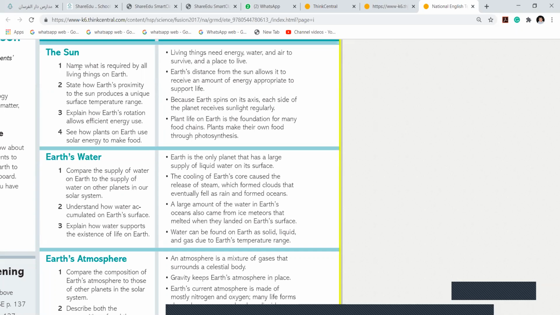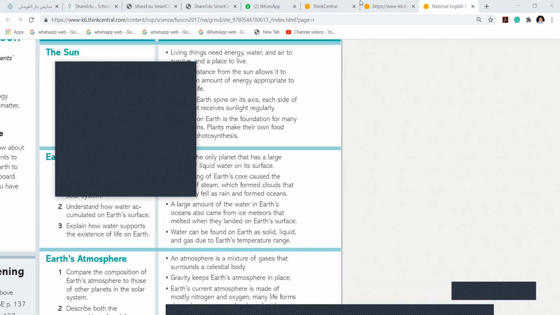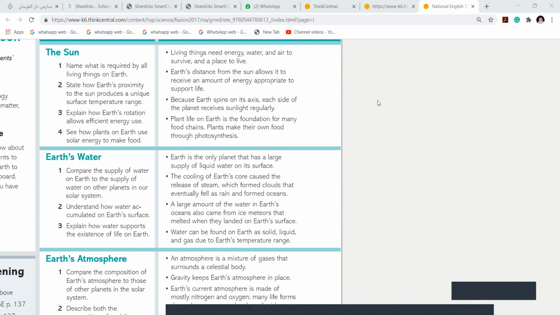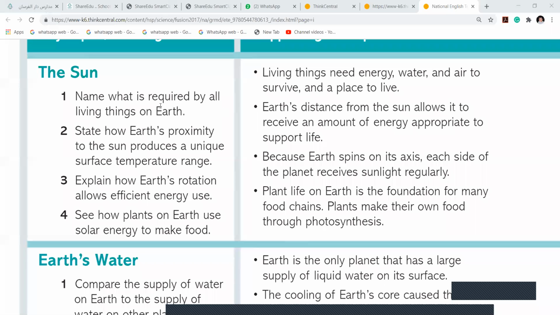So what is the first question here? I want two girls. Let me select Noor and Miral. Are you there, both of you? On the left side, you can see the questions. Miral will read question 1 and Noor will answer question 1.